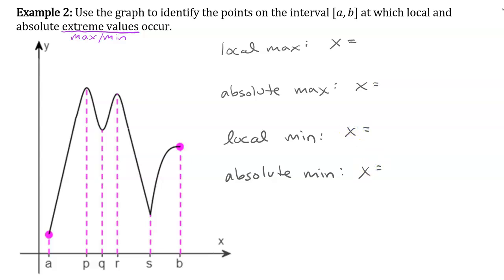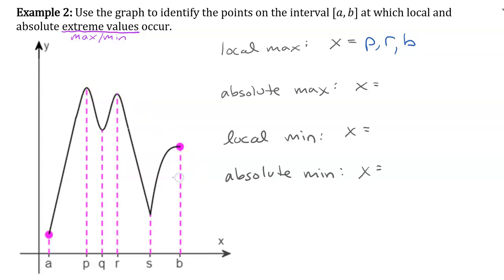We don't know what the y is, but we can figure out the x because of what they give us. So local maxes. Well, there's a max here, and a max there. So that would be at P, at R, and at B itself. Okay.